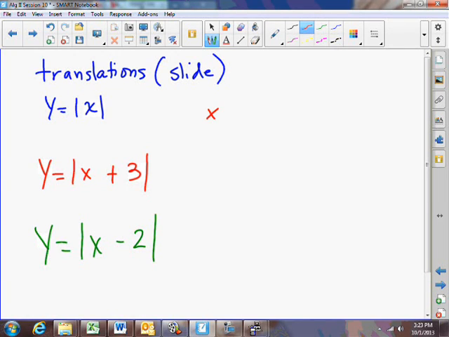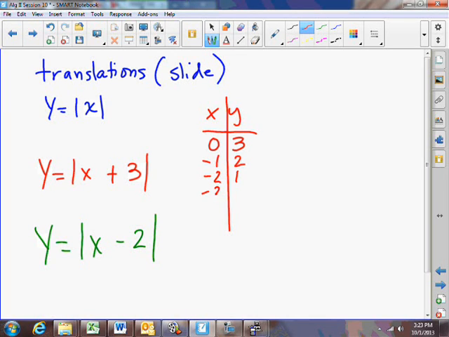So we have, for the red function, x and y, and we'll start with 0. Now, when x is 0, we have 0 plus 3 is 3, absolute value of 3 is 3. If we put negative 1 in, negative 1 plus 3 is 2, absolute value of 2 is 2. If we put negative 2 in, negative 2 plus 3 is 1, absolute value of 1 is 1.